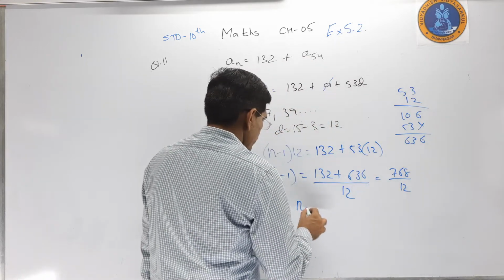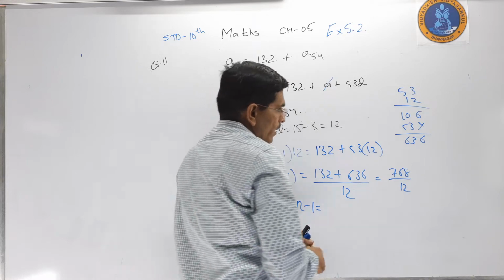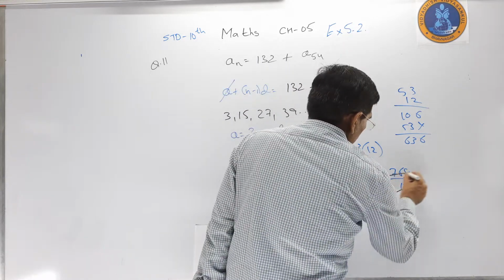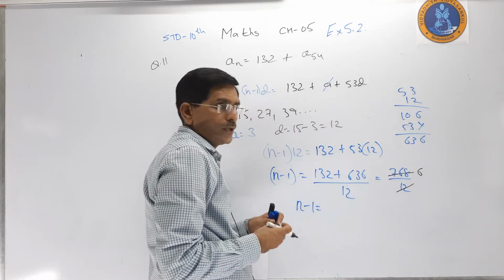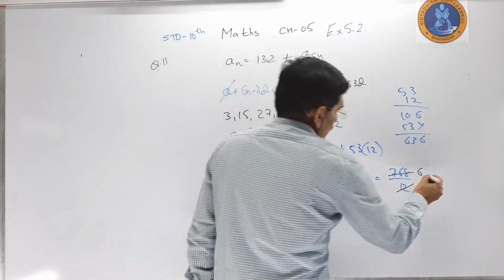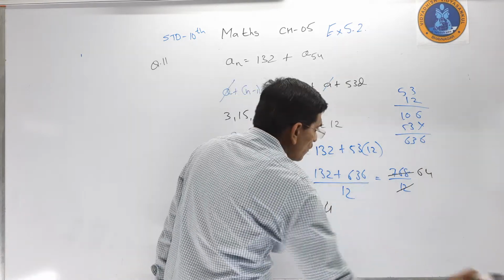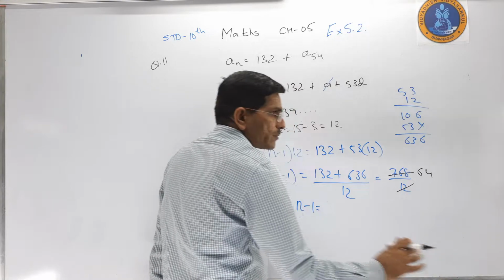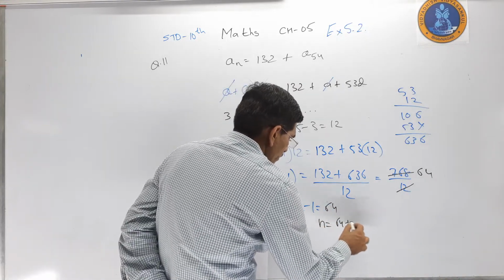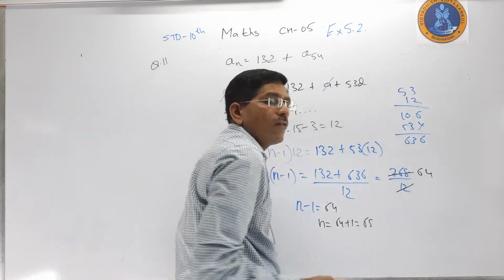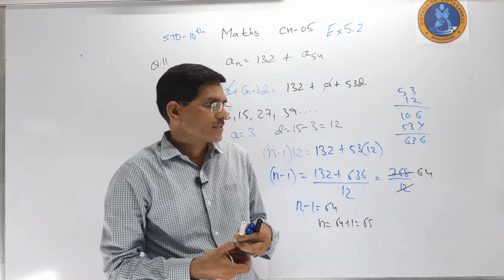So n minus 1 is equal to 768 divided by 12: 12 sixes are 72, 12 fours are 48, so 64. But that is not my answer. So n is equal to 64 plus 1, that is 65. n equal to 65 is the correct answer.